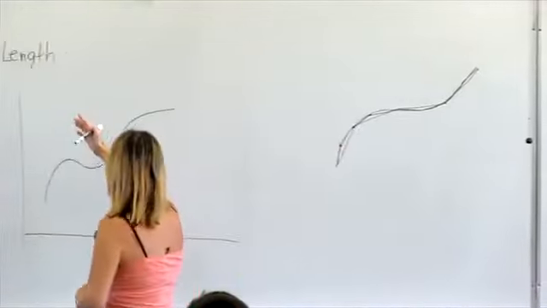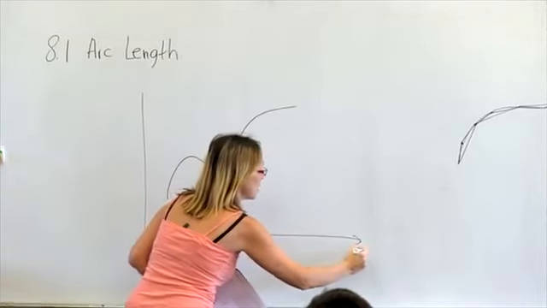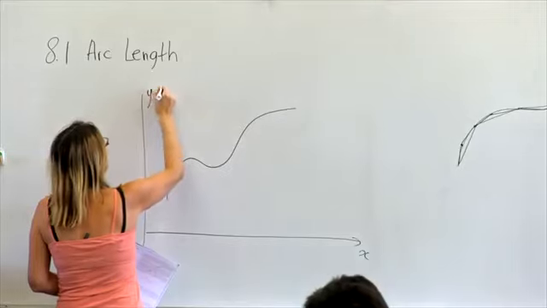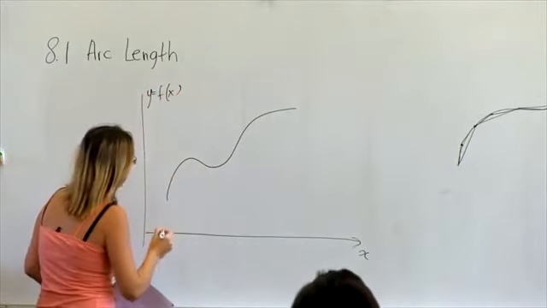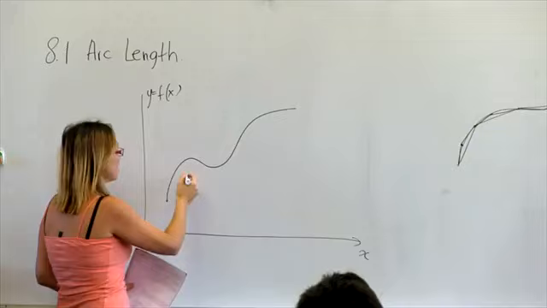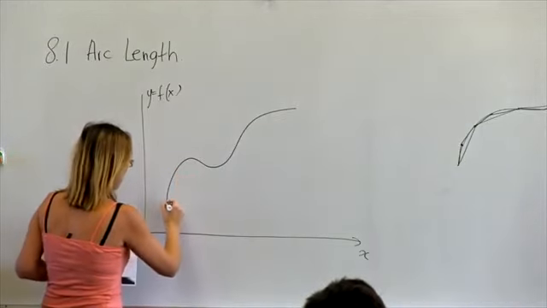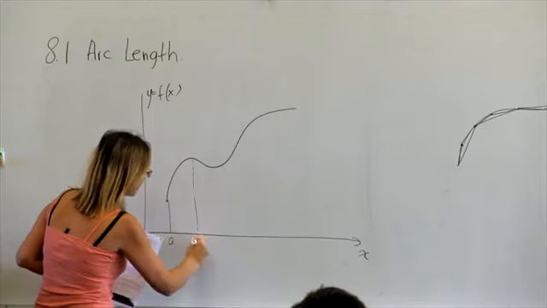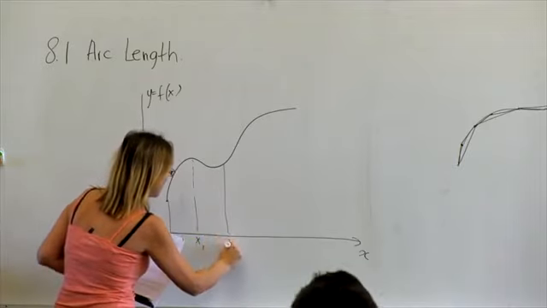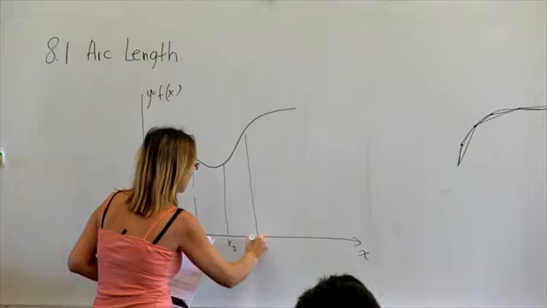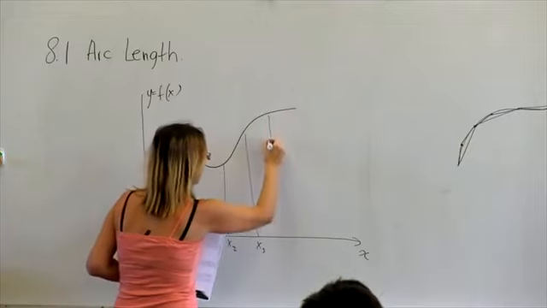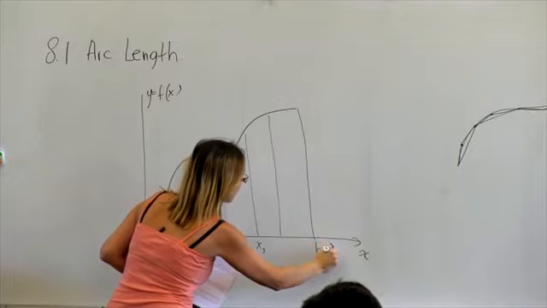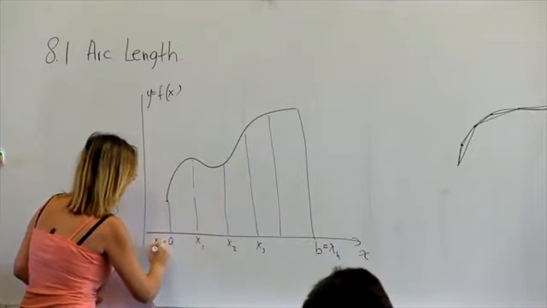So if we put it in a coordinate system, let's suppose this is x and y is f of x. We can split this into a bunch of points. So we make a partition of the x-axis. So this is x1, x2, and so on, and this is b, xn, x0.